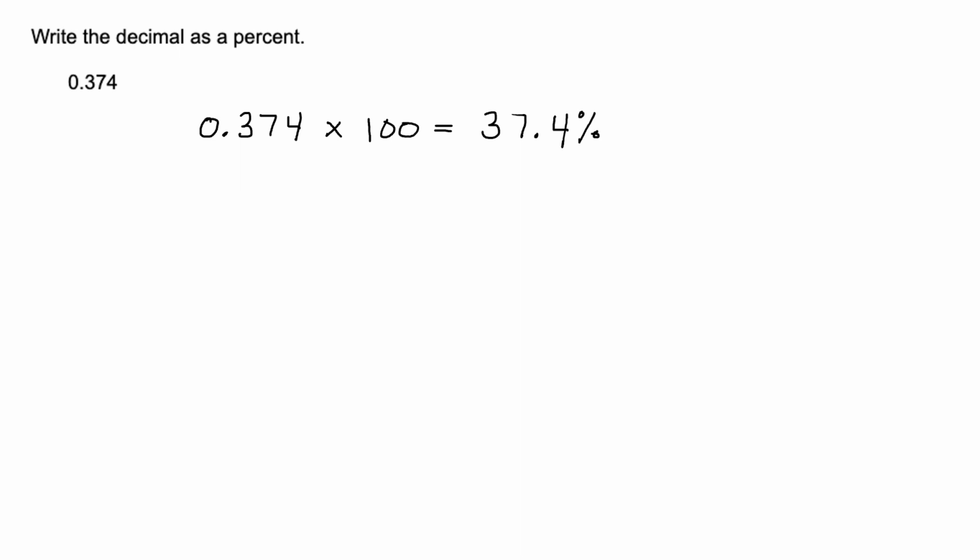Now I want to note that multiplying by 100 is the same as moving the decimal point 2 places to the right. 1, 2. So you can multiply that decimal, or you can just move the decimal 2 places to the right and we'll still get the answer of 37.4%.